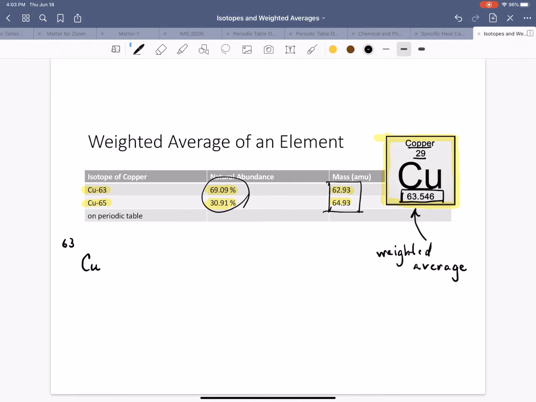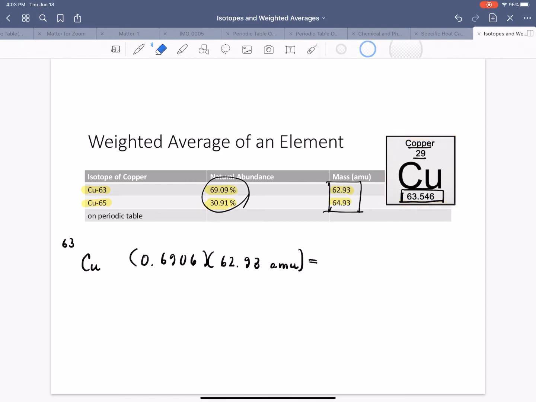We look at its natural abundance in the form of a decimal fraction. We multiply that times the mass of an actual atom, a measured value. In this case, we're going to use atomic mass units. And then when we multiply that out, we're going to get the isotopic contribution from this isotope. That's a lot of words.